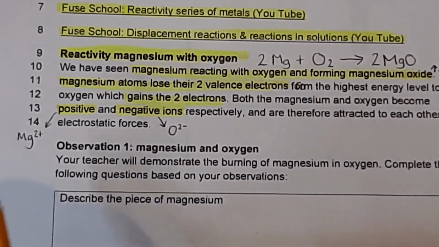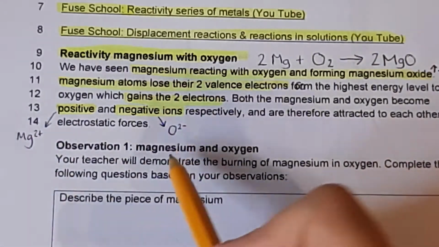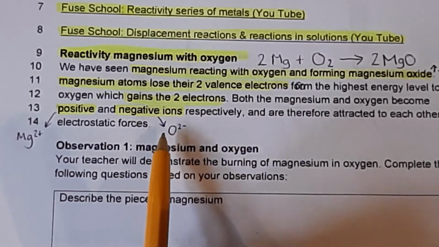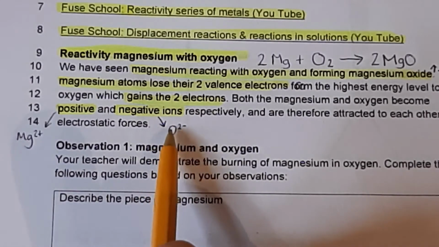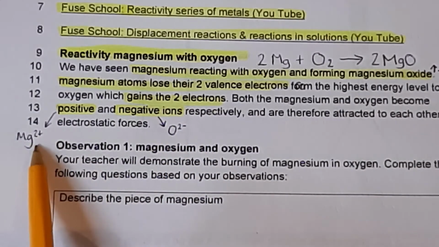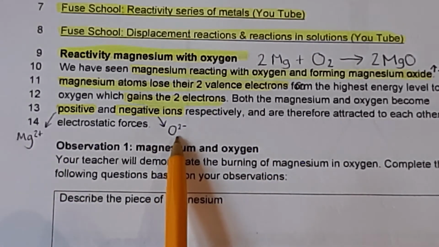And I've written that in, so we've got Mg, and I've put a little 2 plus at the top there, and here is O, and this time, because it's an ion, we actually do talk about it in single form, bizarrely. So it's just O, and at the top it's a 2 minus, and this shows that magnesium is positively charged by 2 because it's lost 2 electrons, and the oxygen is negatively charged because it's gained 2 electrons.